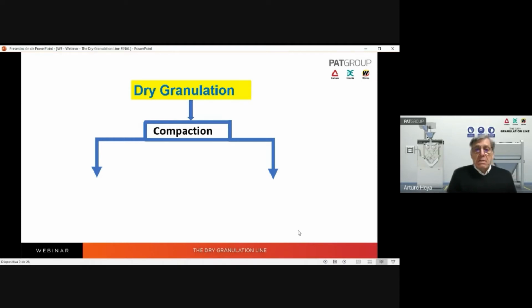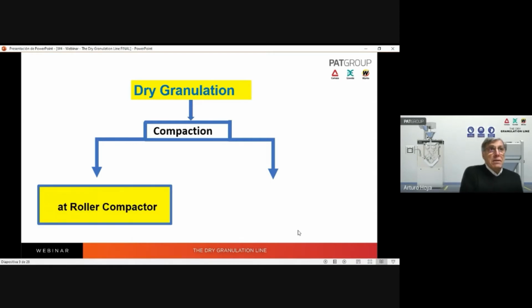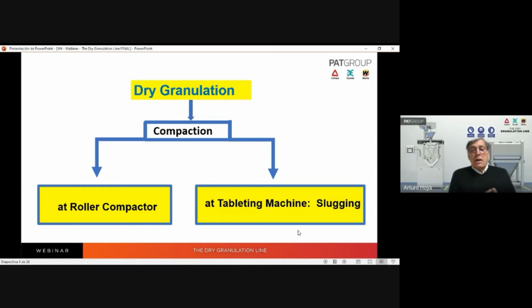But this input of mechanical energy can be done by roller compactors or slugging. Slugging means tableting in a tableting machine, the classical tableting machine, but using a special tooling, normally round, big diameter, flat tooling.